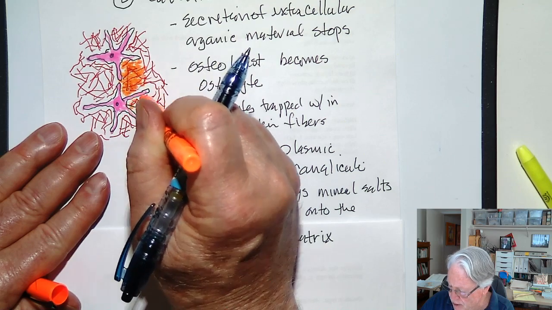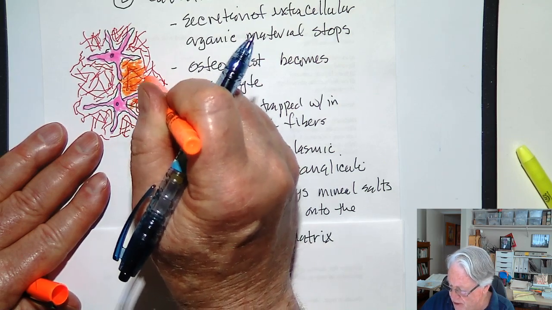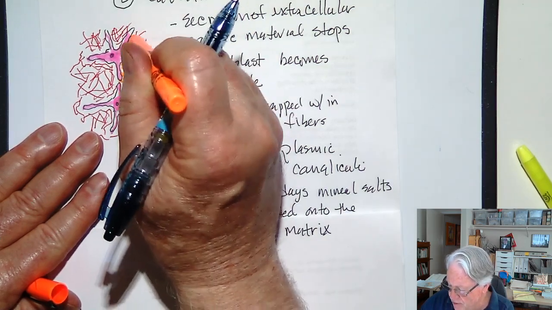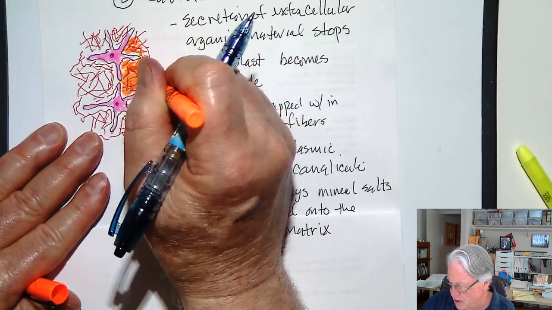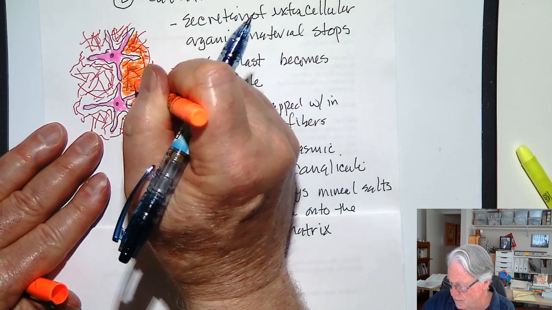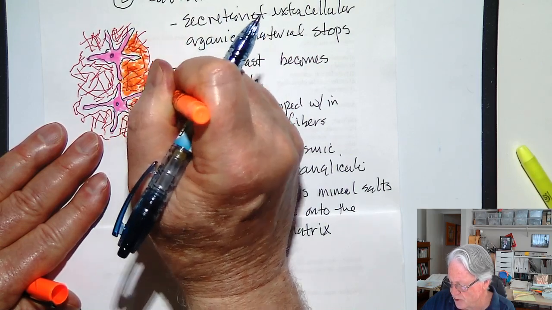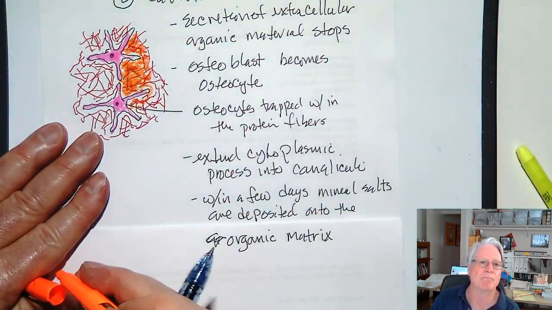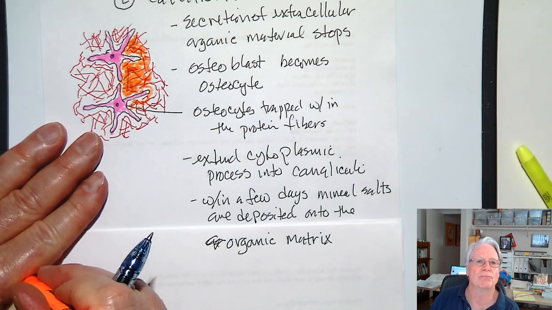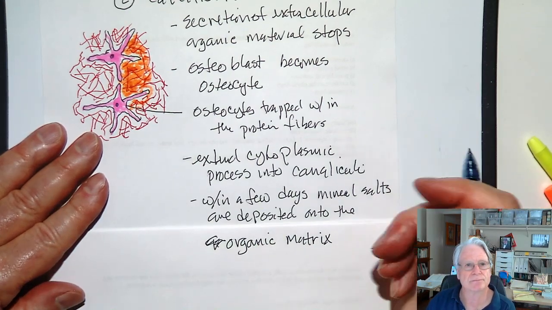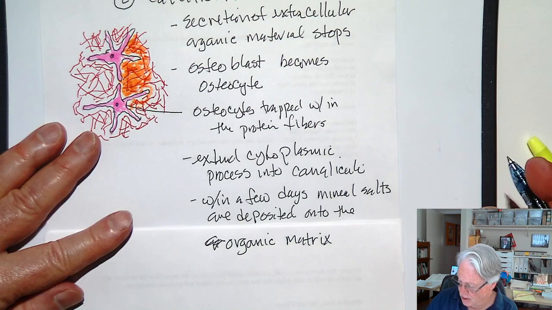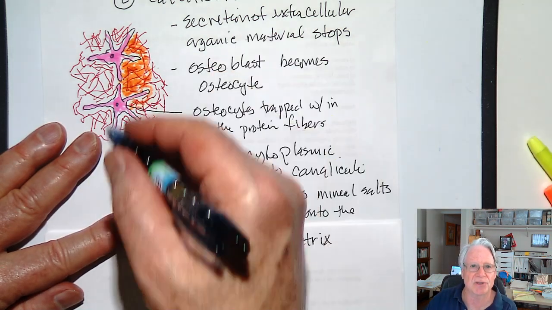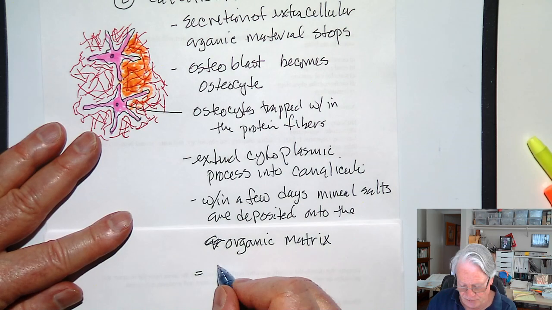We then get a pattern in which these cells are completely surrounded by the bone material as we know it. This whole thing that I've just talked about is calcification.